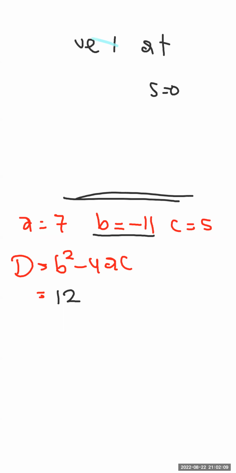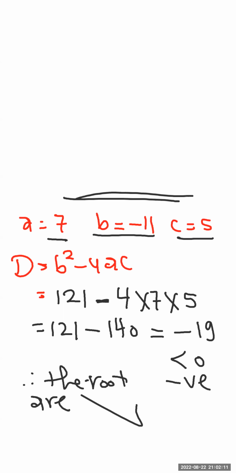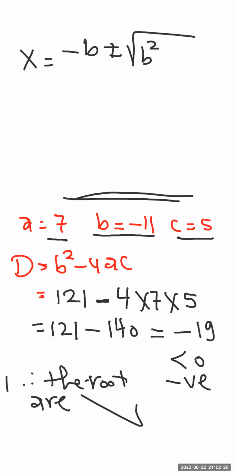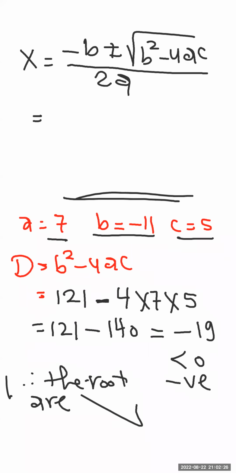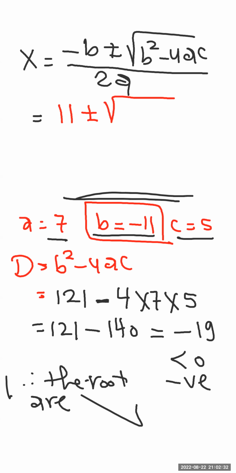Okay, find the roots. General formula: x equals -b plus or minus the square root of b squared minus 4ac, over 2a. It will equal -b, which means 11, plus or minus the square root of -19, correct? No need to write it one more time, we already got it.